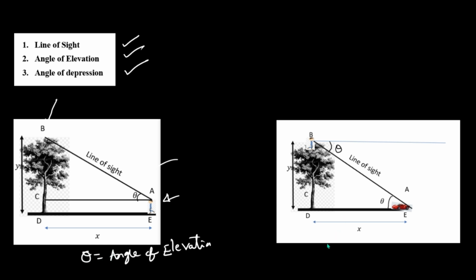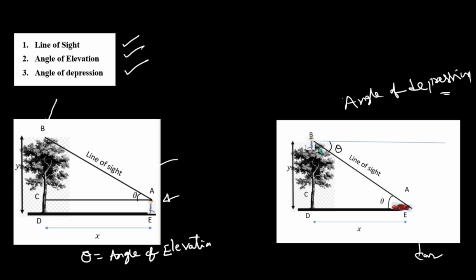If you see the picture on the right side, the boy is sitting at the top of the tree and is looking down at an object. Here the object is a car. Whichever angle he is looking down at, we call the angle of depression. What happens to this angle of depression when the car comes closer? It keeps increasing.